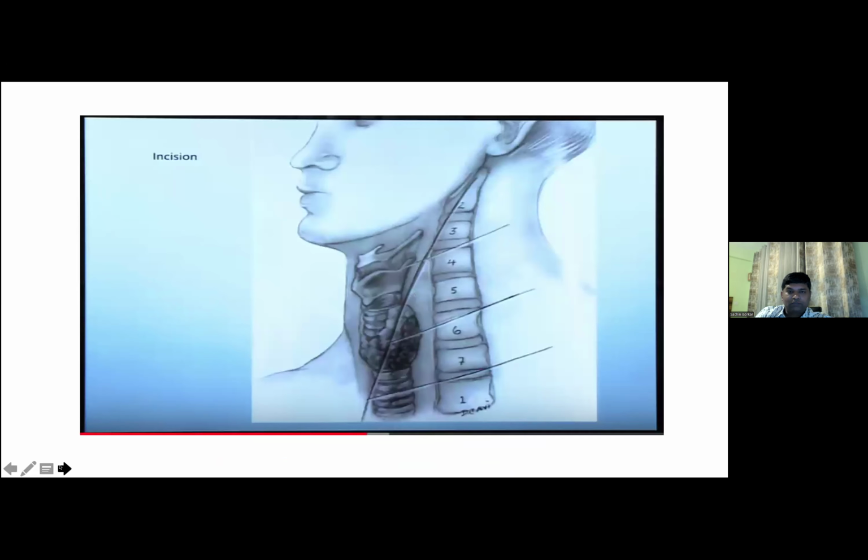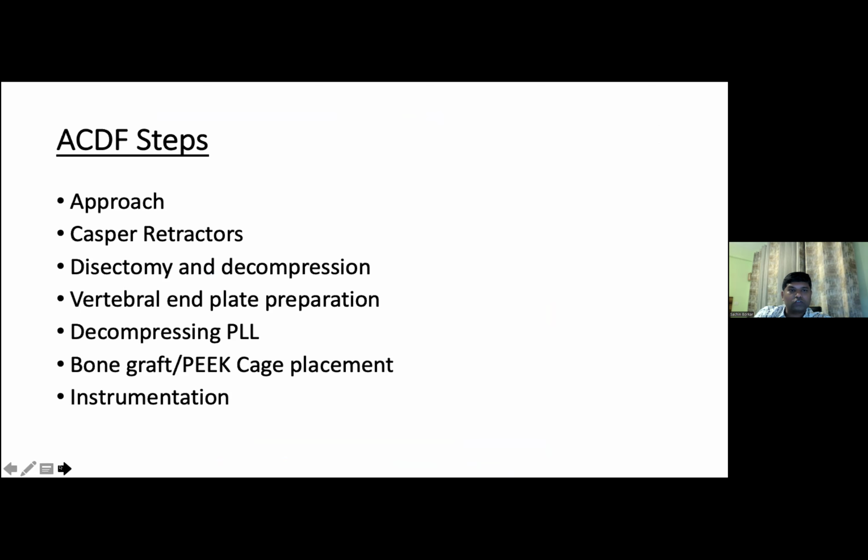There are some anatomical landmarks, but the most important you can check on C-arm, and then plan a skin crease transverse incision, which is more cosmetic.